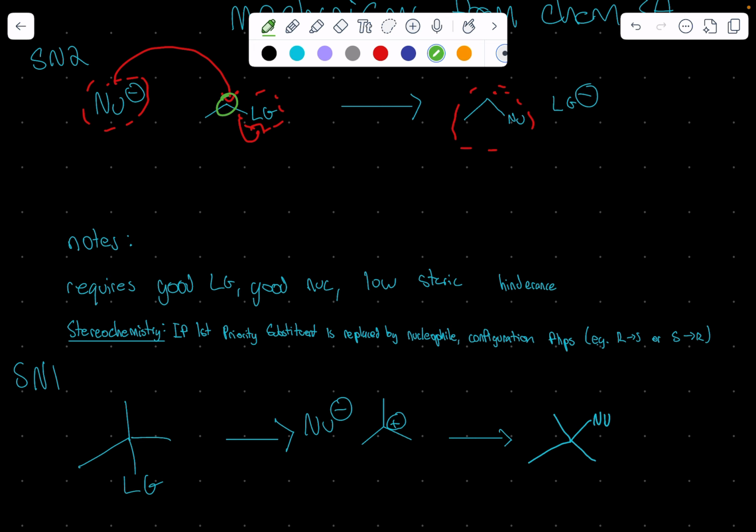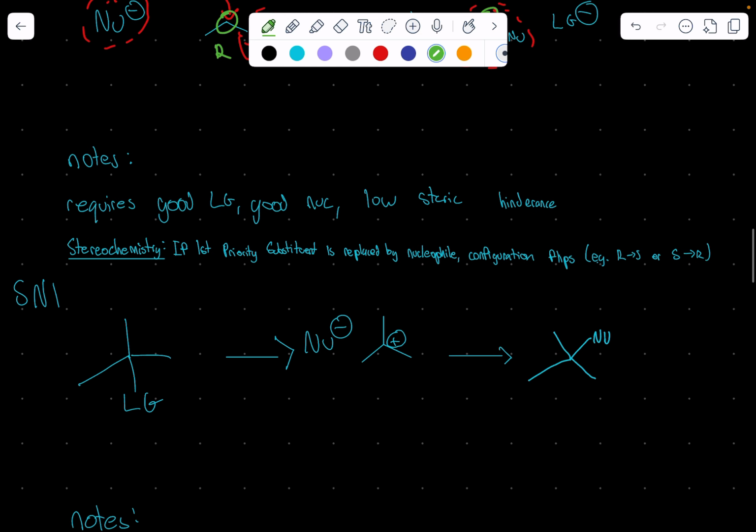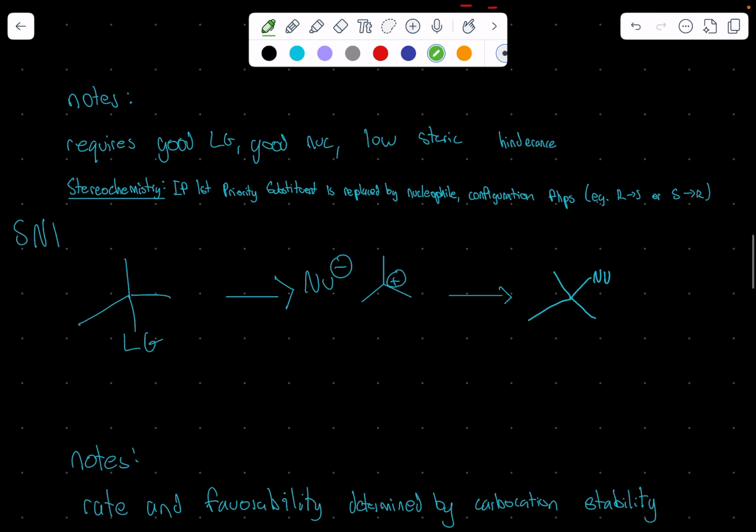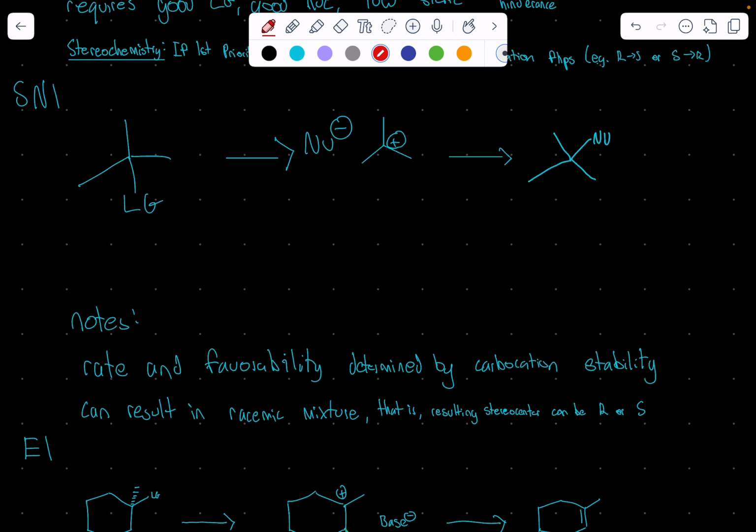For example, if this were a stereocenter with an R configuration, and then we performed an SN2 reaction at that carbon, the resulting molecule would have S stereochemistry. I know stereochemistry can be complicated to understand at first, so please come to office hours if you have any questions.